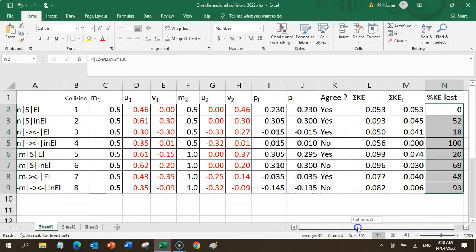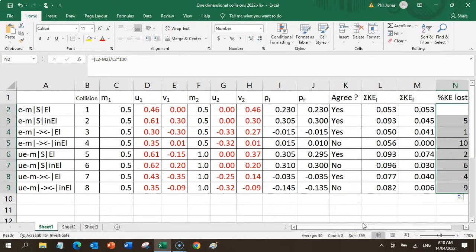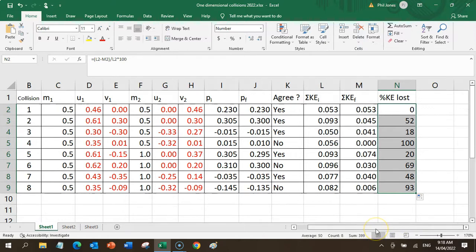So certainly with our elastic collisions, we've got what we might call not perfectly elastic collisions. It's very, very difficult to get what's called a perfectly elastic collision. And here is actually one.